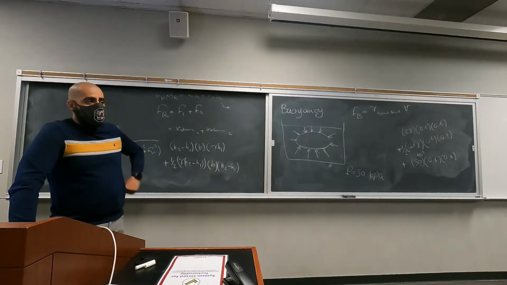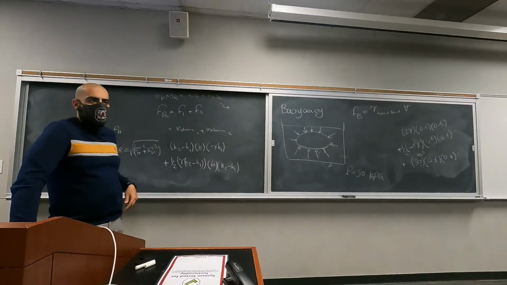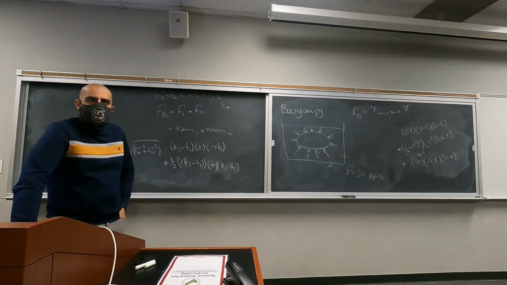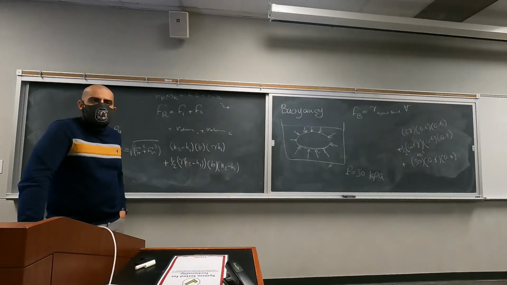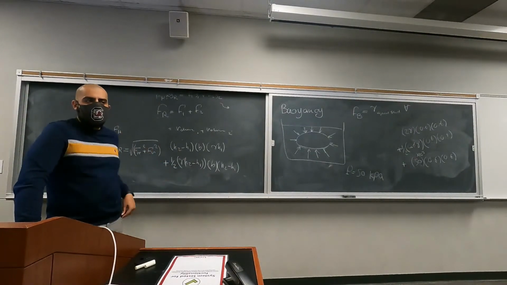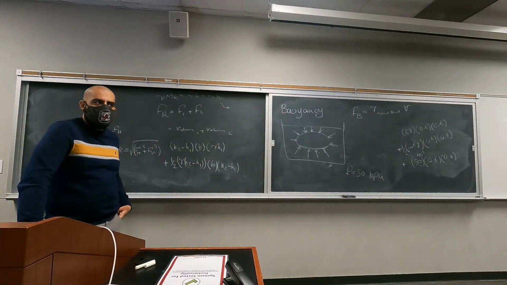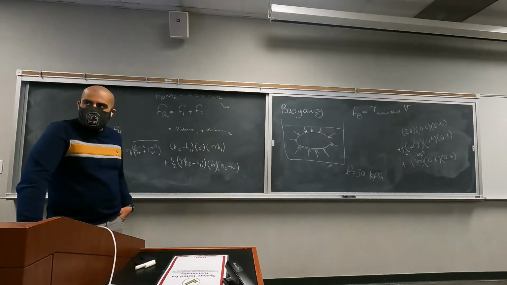The volume is the same, everything is the same except for the material. So the shape is the same. We have a ball of steel, we have a ball of foam, and we want to submerge them in a pool of water. Yes? The foam.